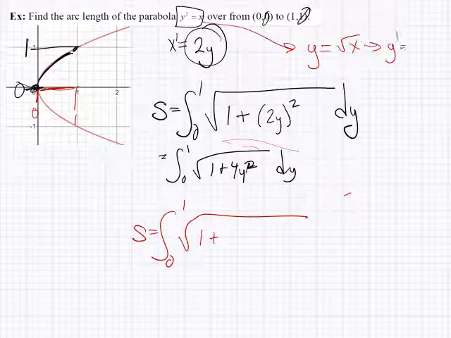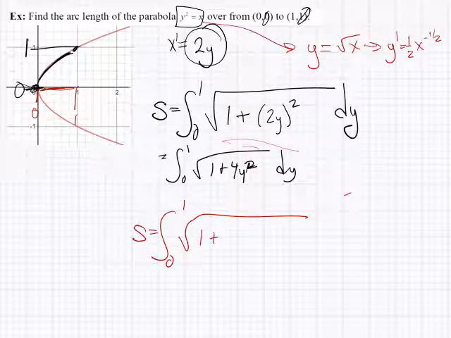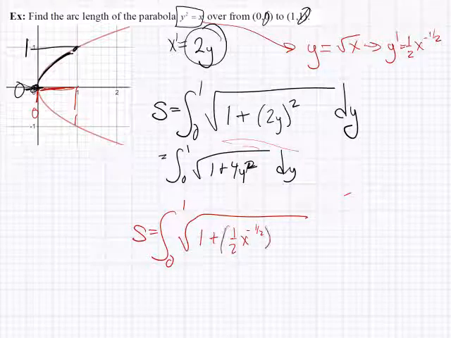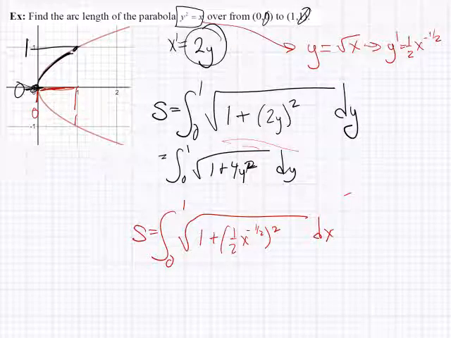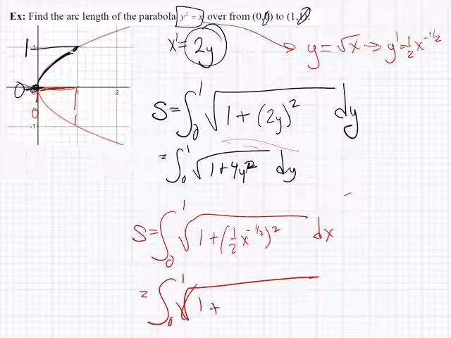So y prime. Well, this one's going to be even worse because it's going to be 1/2 x to the minus 1/2. So I'm going to end up with 1/2 x to the minus 1/2 squared, dx. And so I end up with the integral 0 to 1 of the square root of 1 plus 1/4 x to the negative 1 dx.